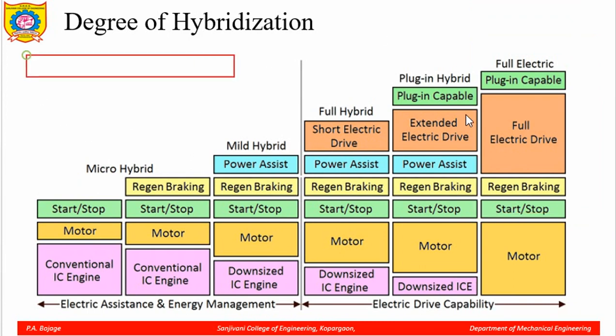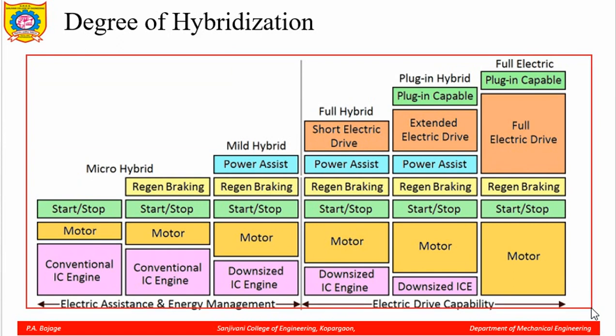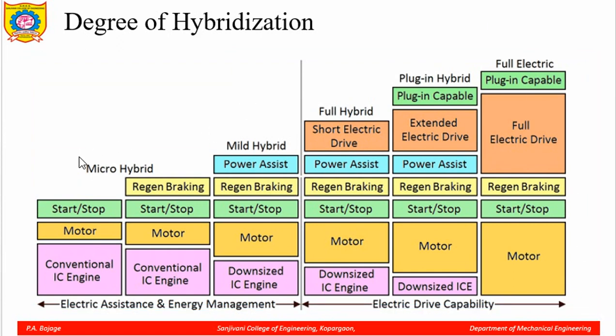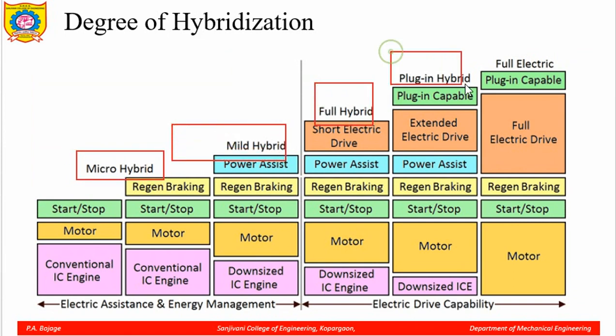So this is how you can clearly classify all the cars: micro hybrids, mild hybrids, full hybrids, plug-in hybrids and BEVs. This is called a BEV, that is battery electric vehicle.